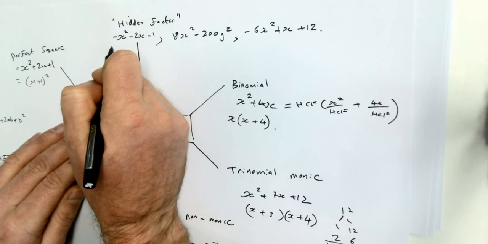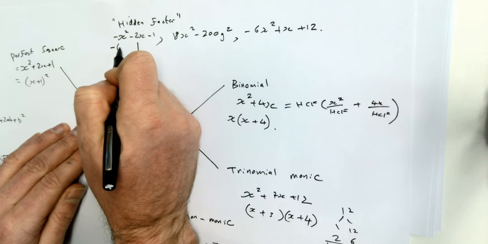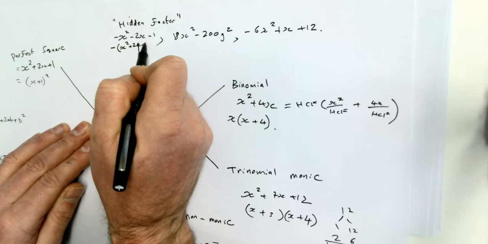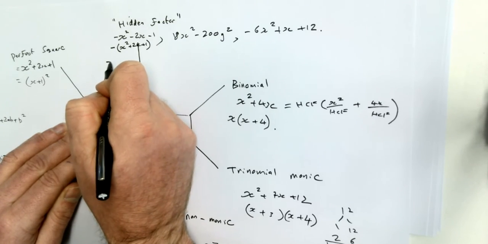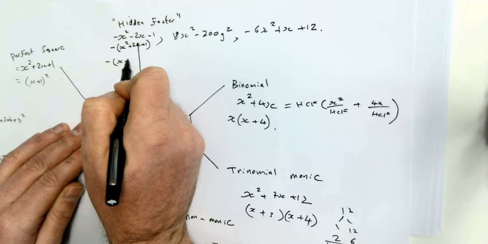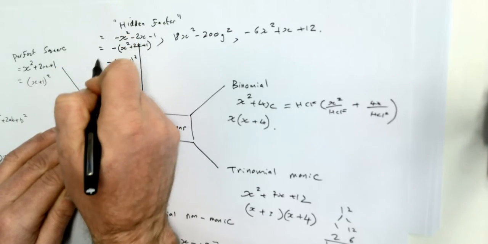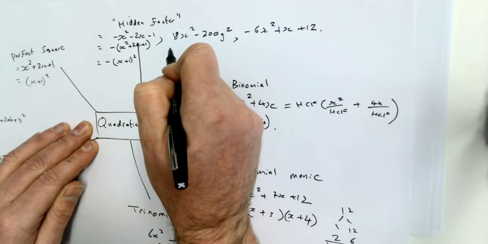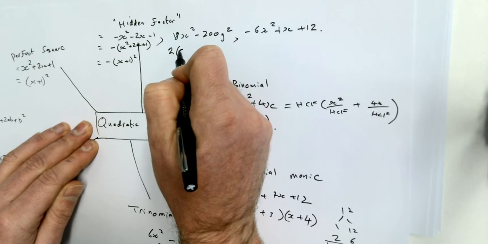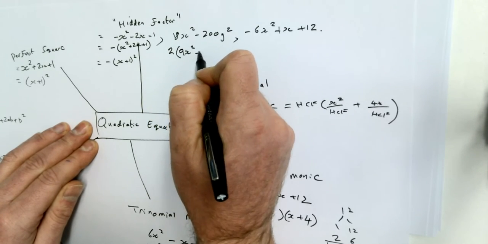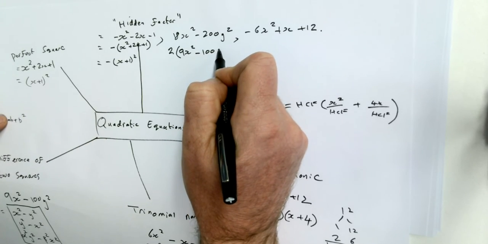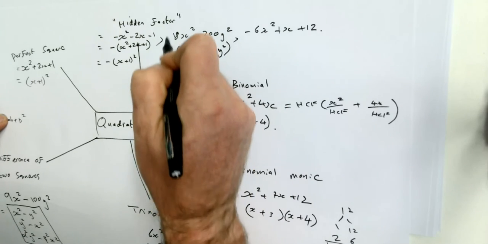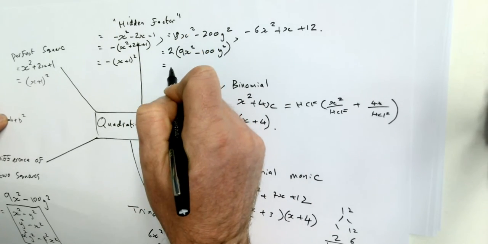So we can factor out a negative 1 here to get x squared plus 2x plus 1, and then this is just our perfect square. Here we can factor out a 2 to get 9x squared minus 100y squared, and then that's just a difference of two squares.